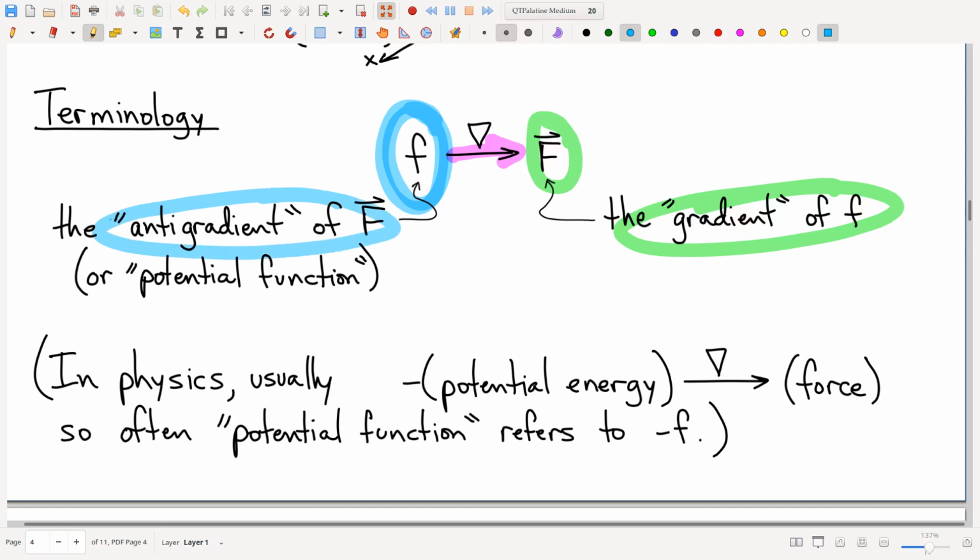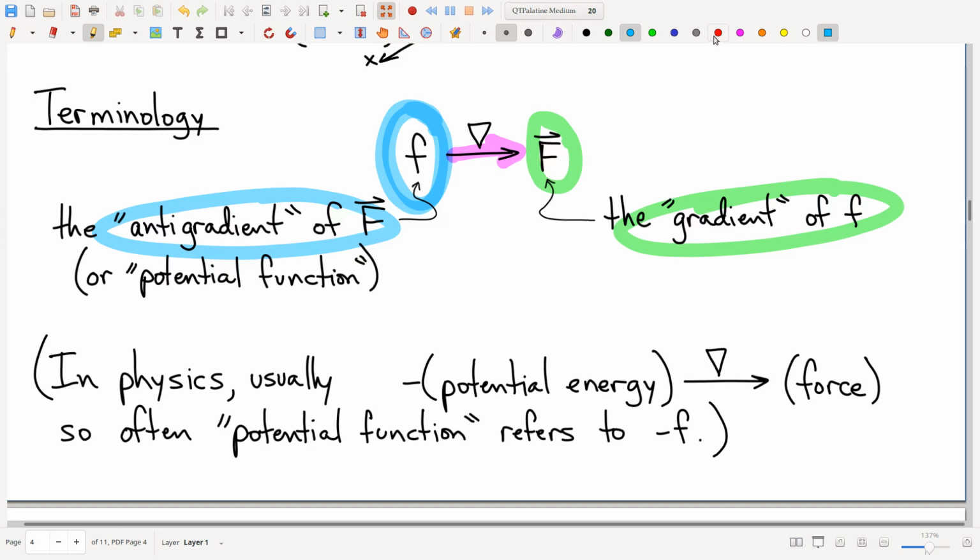And I remind you, I'm just stealing a grammatical construction from derivative and antiderivative. If you have a function, you take the derivative, the resulting output, you call it the derivative. If you want to go the other way, you want to undo the differentiation, you call that the antiderivative, right?